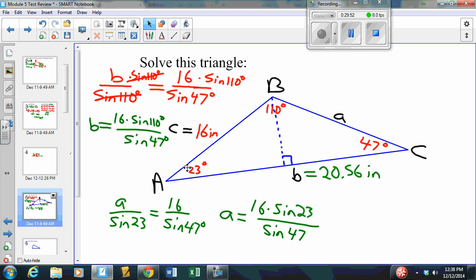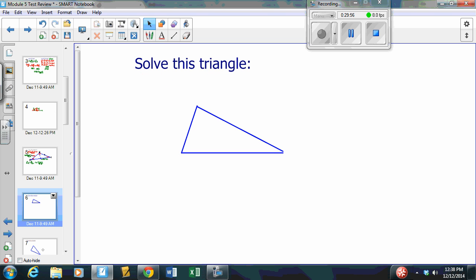Okay, let me give you this example. Let's go 18 centimeters here, and let's go 76 degrees here.